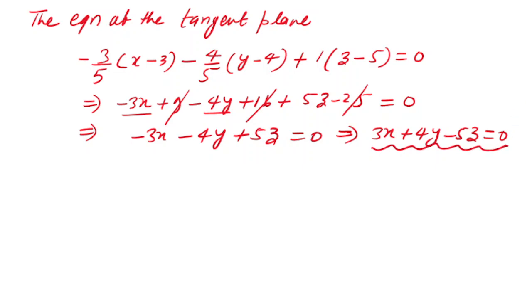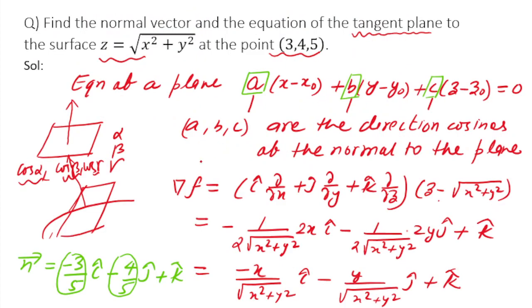I hope you have understood the problem. Let me quickly summarize what I have done. To find the equation of any plane in 3 dimensions, this is the expression for the equation of the plane, where x naught comma y naught comma z naught is a point in the plane.